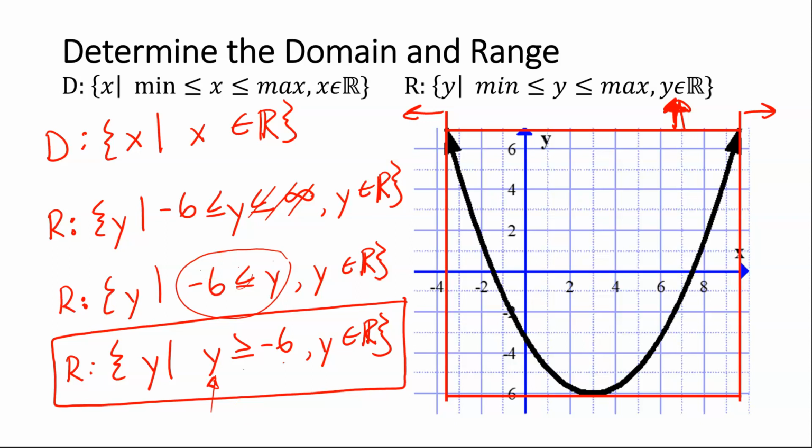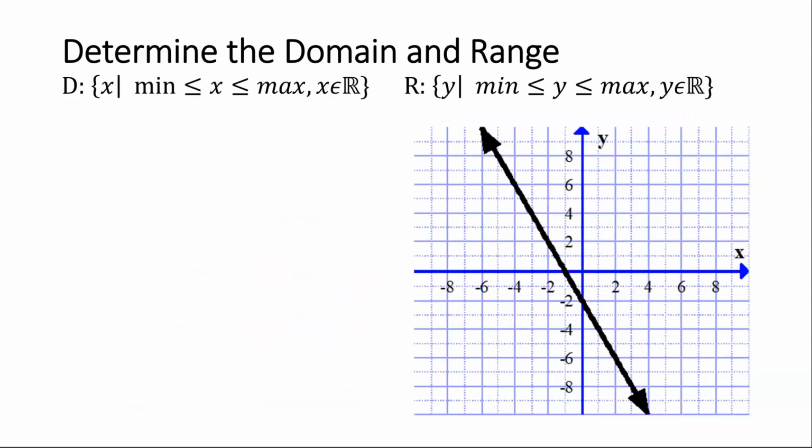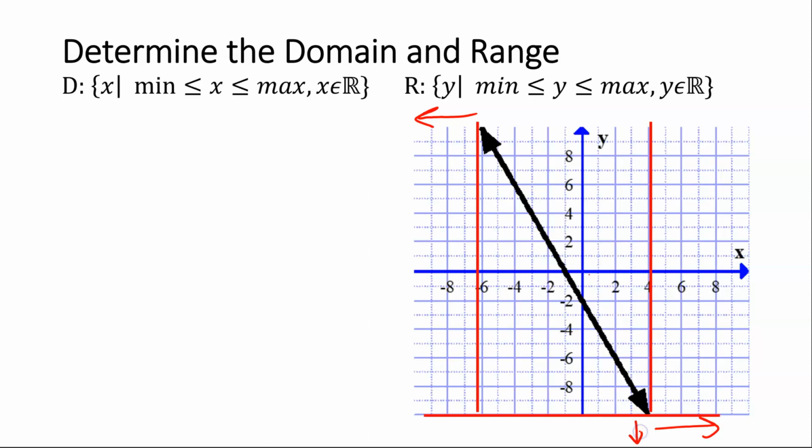Let's look at some other examples. Okay, here. Now, if you notice scanning from the left to the right for your domain, the arrows are going to go to the left forever and to the right forever. And when you scan from bottom to top, the arrow goes down forever and up forever.